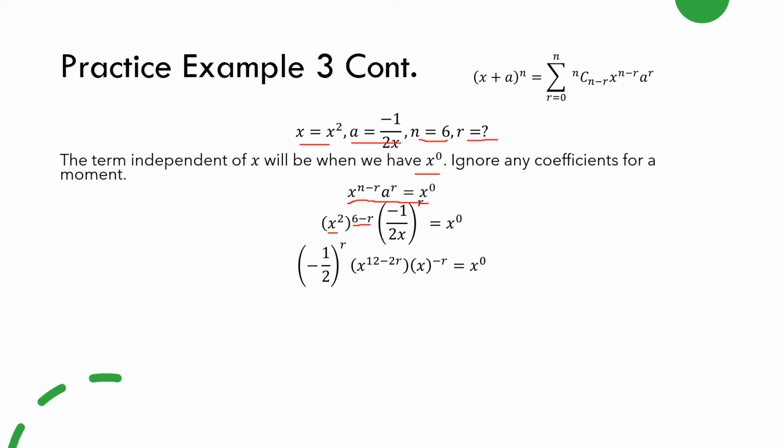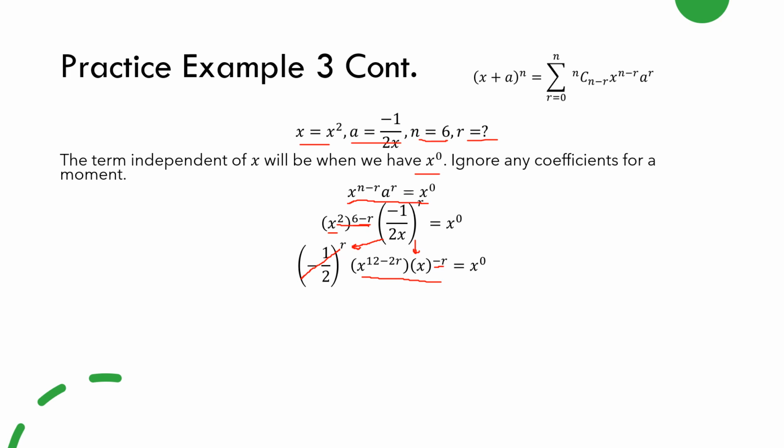And then from here to here, I split the 1 over x and the negative 1 half into two things, and I'm going to completely ignore the negative 1 half because it's irrelevant. But notice here you've got x to the 12 minus 2r, because this 2 distributes to 6 and negative r. And then you've got x to the negative r, because 1 over x is the same thing as x to the negative exponent.